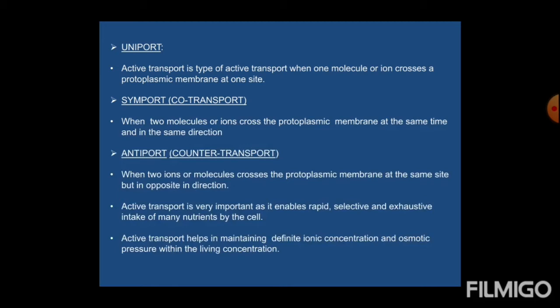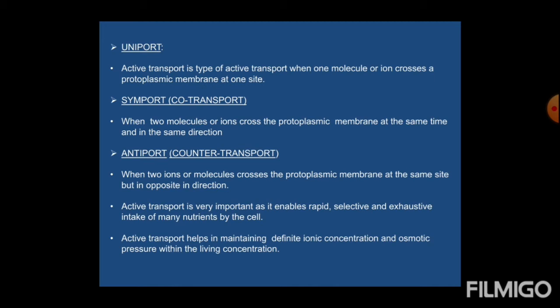Now active transport is again of two types: primary active transport and secondary active transport. In primary active transport, the transport of metabolites is involved. Now children, a metabolite is whatever substance is required by the cell, or which is not required by the cell and has to be eliminated, or which has to enter the cell cytoplasm.